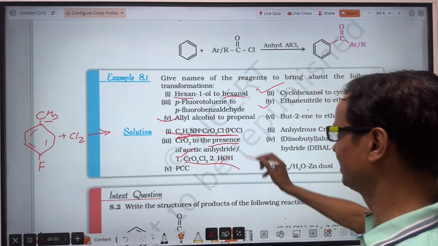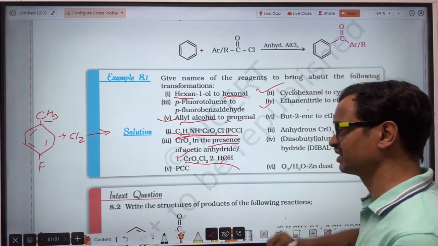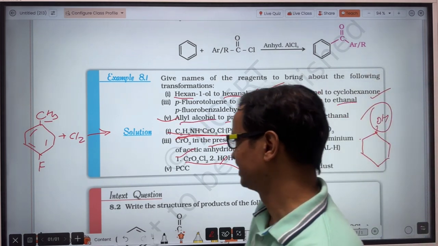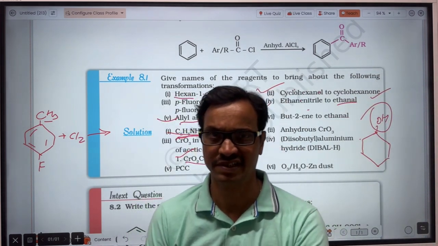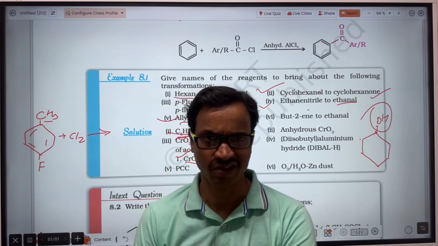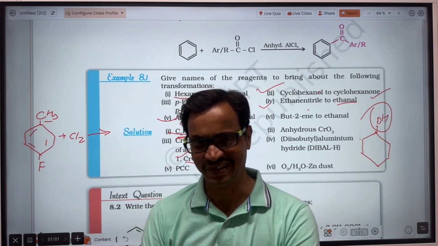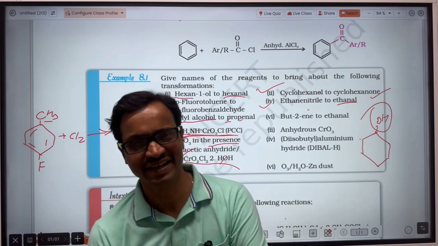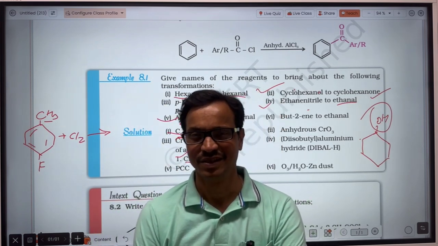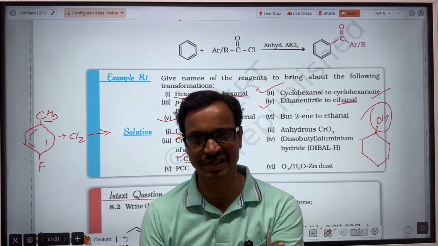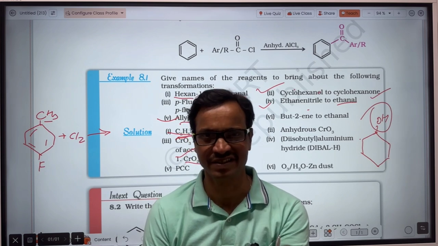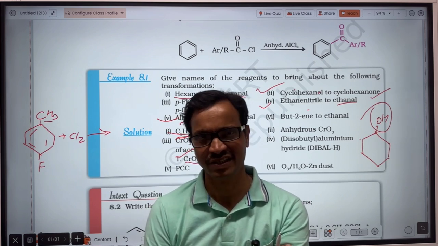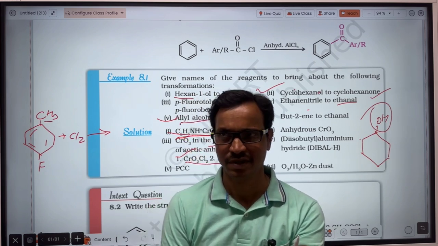Allyl alcohol to propanal. Here there is already unsaturation in this alcohol. You will have to convert an unsaturated alcohol into aldehyde. So in that case, you will have to take PCC, pyridine chlorochromate, because if you take CrO3 or any other oxidizing agent, that may affect the unsaturated carbon atom.